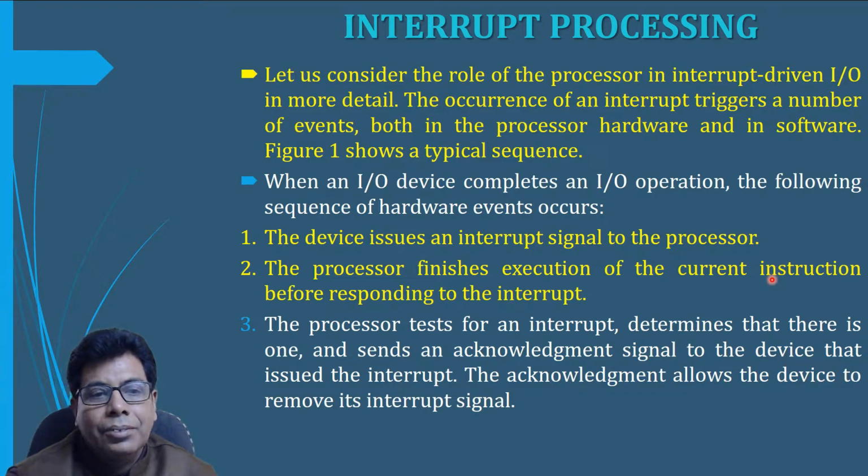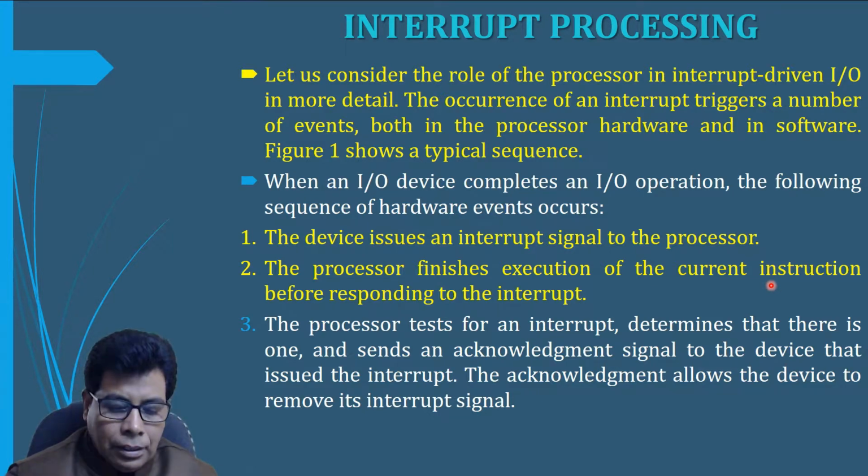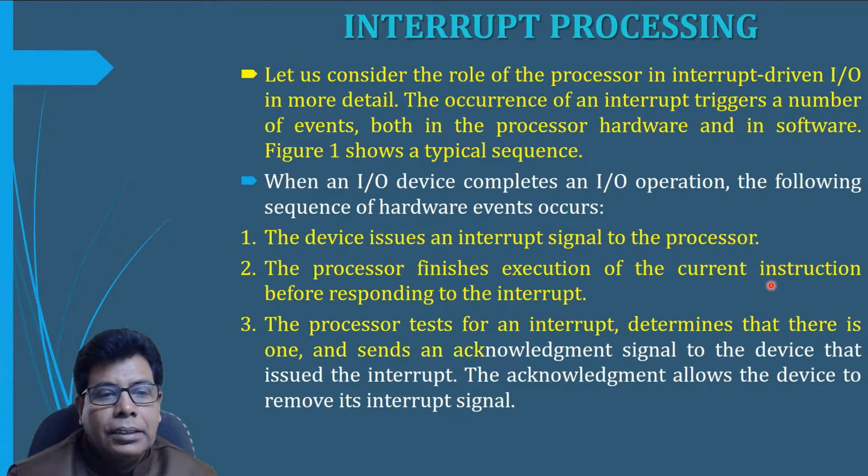Then the processor tests for an interrupt, determines that there is one, and sends an acknowledgement signal to the device that issued the interrupt. The acknowledgement allows the device to remove its interrupt signal.